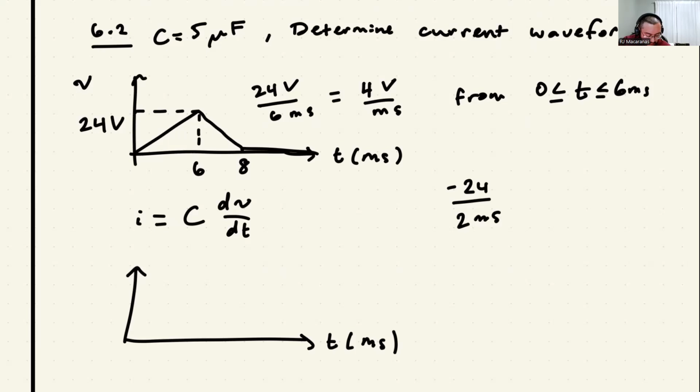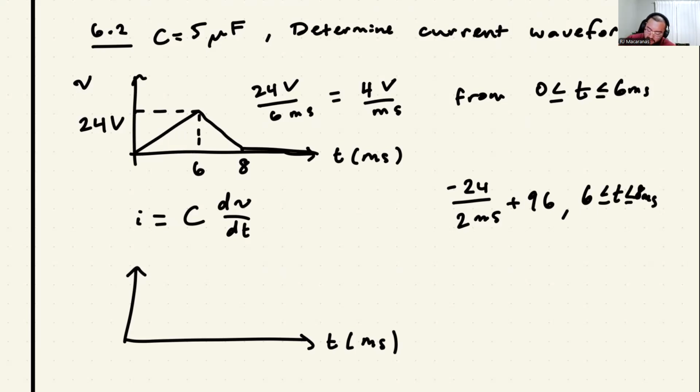And then they found that intercept to be 96 volts. I'm not going to do that here, but I'm sure you can figure that out. So looking at time between 6 and 8 milliseconds there.